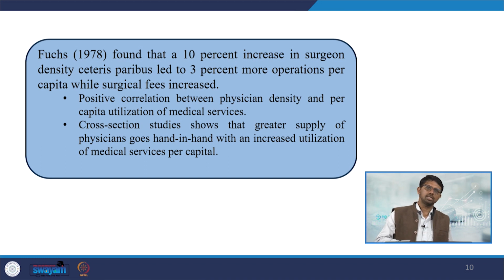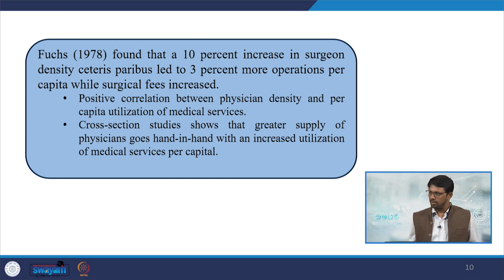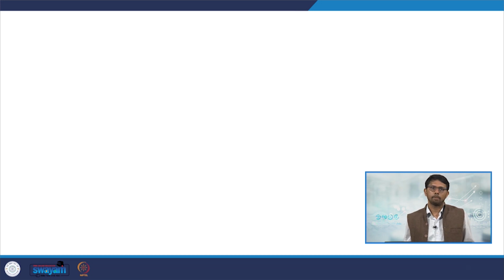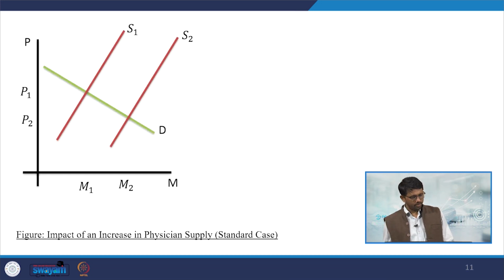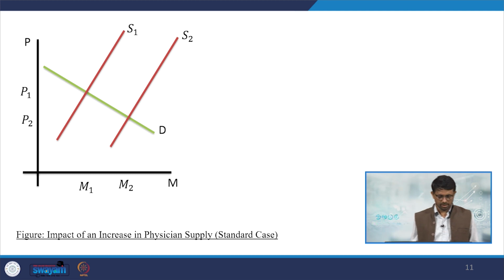Cross section studies show that a greater supply of physicians goes hand in hand with increased utilization of medical services per capita. Now, we are presenting how the supply side is actually inducing the demand.